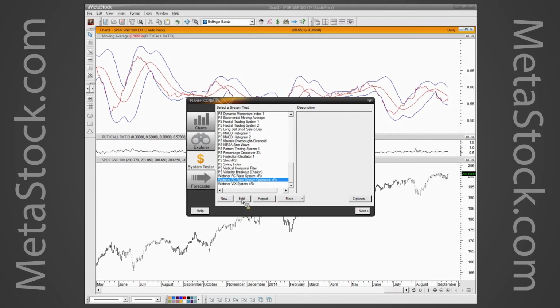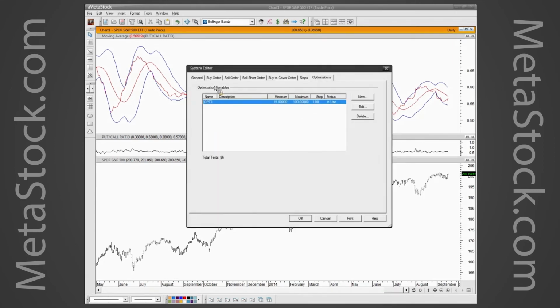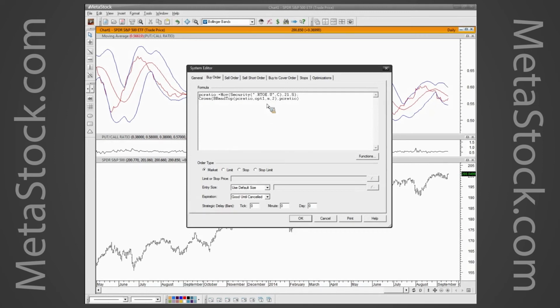Let's just go ahead and edit our system again here. We only optimized one parameter of this system, which was the number of periods in the Bollinger Band moving average and band calculations.